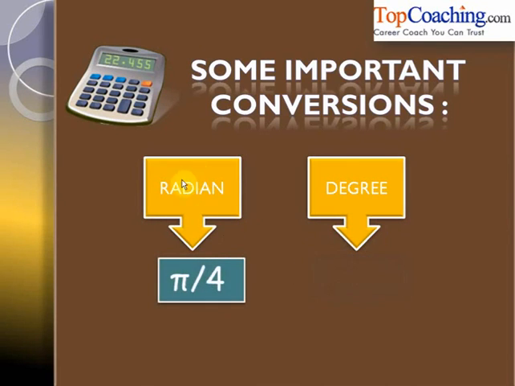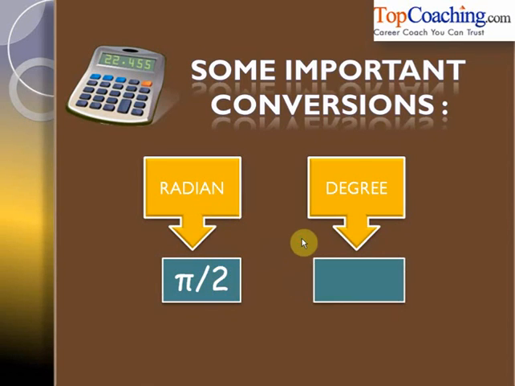Now if the angle is equal to pi by 4, then in the degree form this is equivalent to 45 degrees. So we can write an angle as 45 degrees or pi by 4. Both are the same. If the angle is equal to pi by 2, it is equal to 90 degrees.